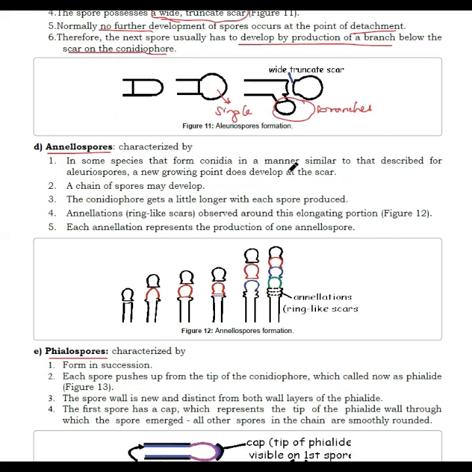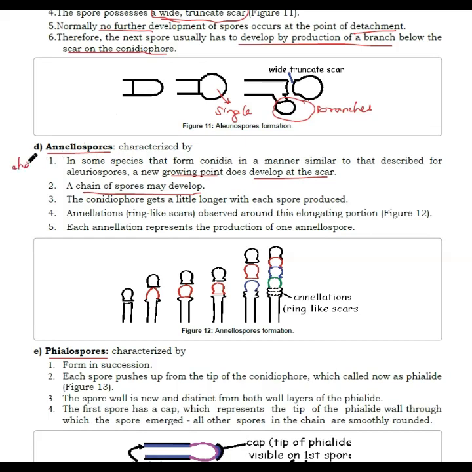Next is annellospore, where conidia form in a manner similar to aleuriospore, but here a new growing point does not develop at the scar. There we found that a new growing point develops at the side of the scar, but here no new growing point develops at the scar region, and then a chain of spores may develop.